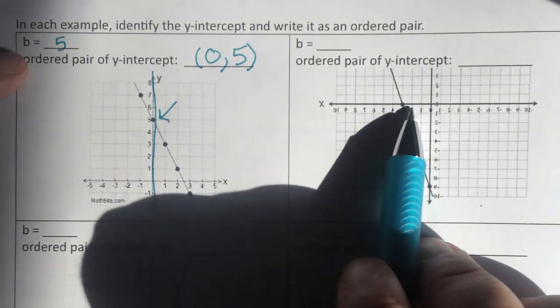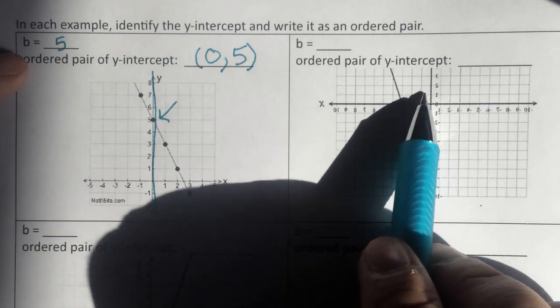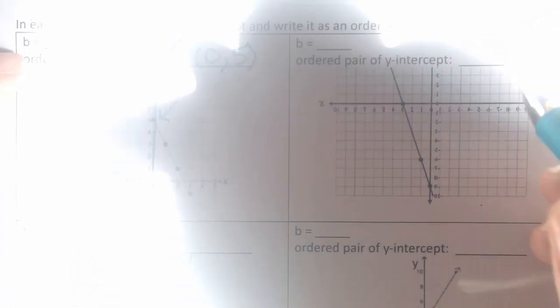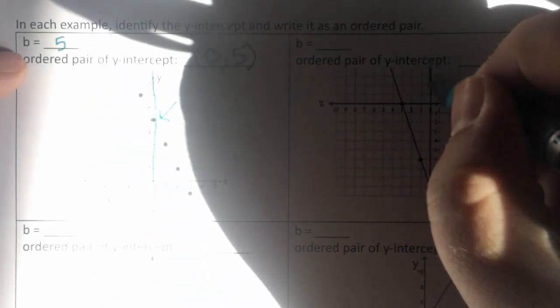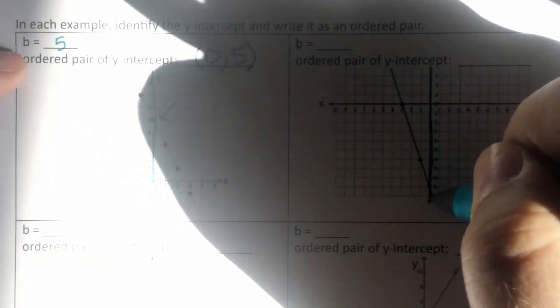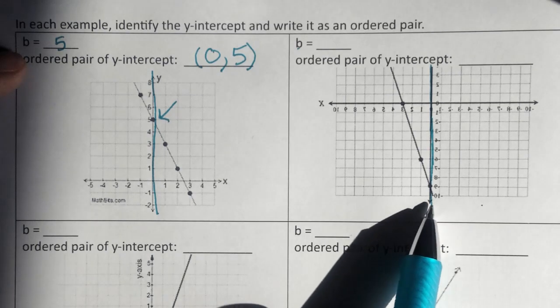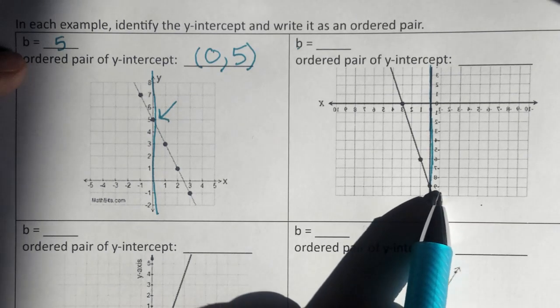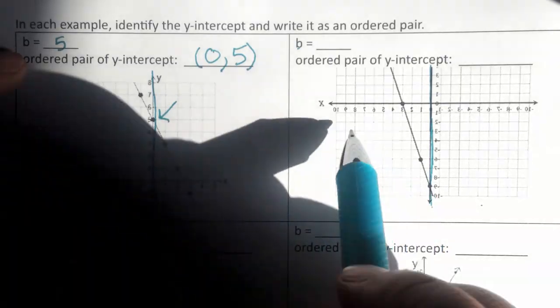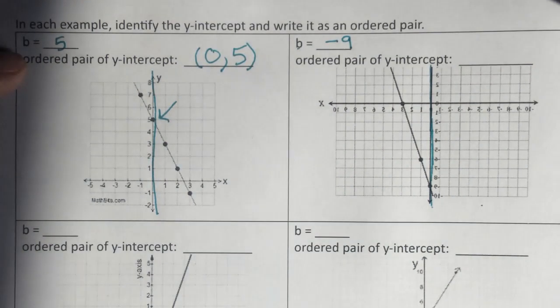Looking at the next graph to the right of that, we want to know what the y-intercept, b, is. So I'm tracing the y-axis, and I see that we're crossing this line at, it appears to be -9. So b is -9.